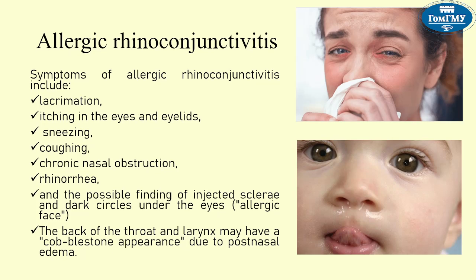Symptoms of allergic rhinoconjunctivitis include lacrimation, itching in the eyes and eyelids, sneezing, coughing, chronic nasal obstruction, rhinorrhea, and the possible findings of injected sclera and dark circles under the eyes. The back of the throat and larynx may have a cobblestone appearance due to postnasal drip.